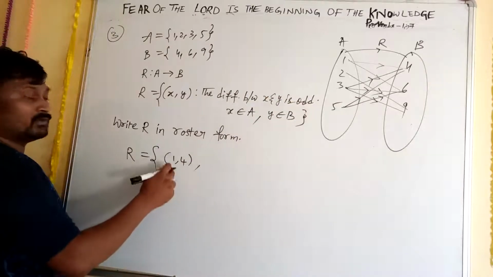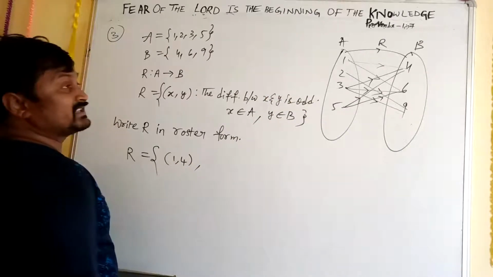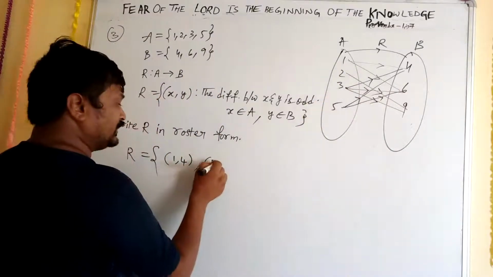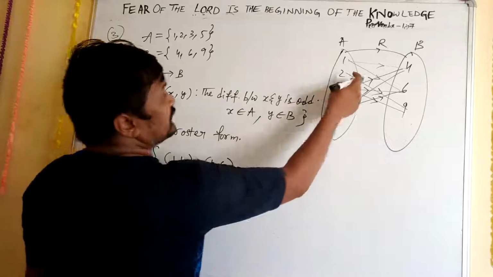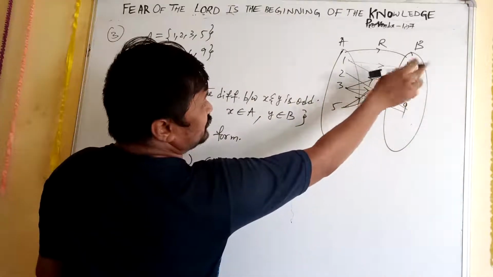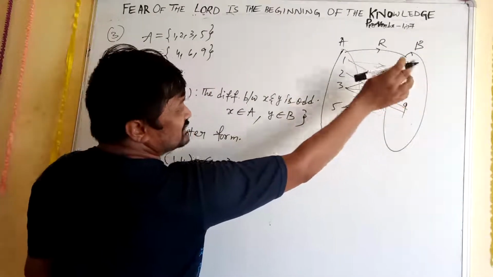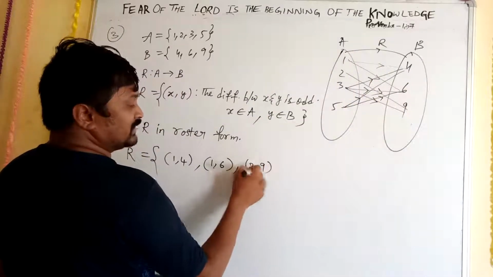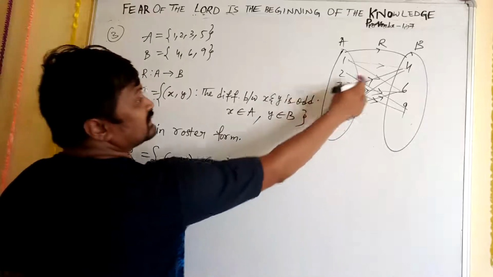Then next 1 minus 6, again an odd number. Next, 2 minus 4 not possible, 2 minus 6 also not possible, 2 minus 9 is possible. So (2, 9). Next one, (3, 4).